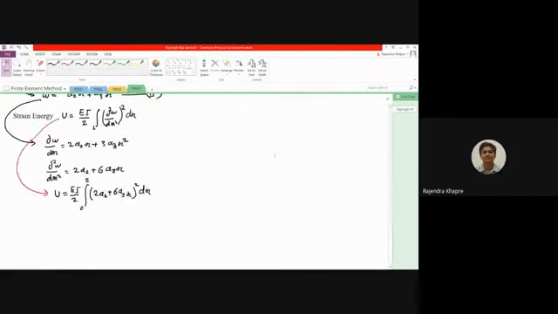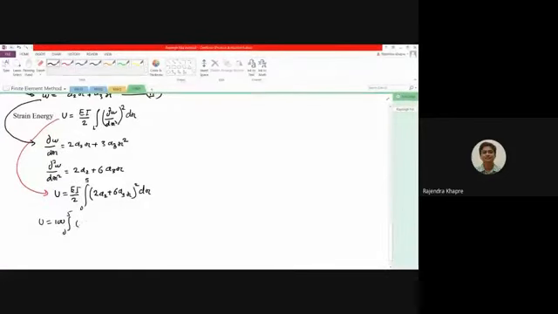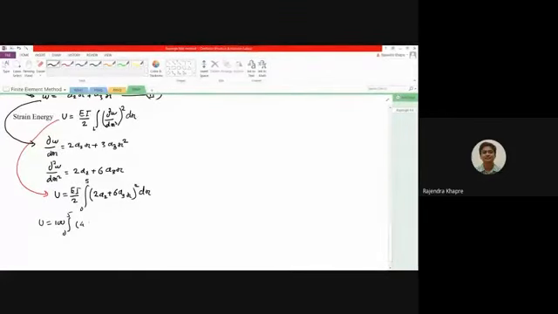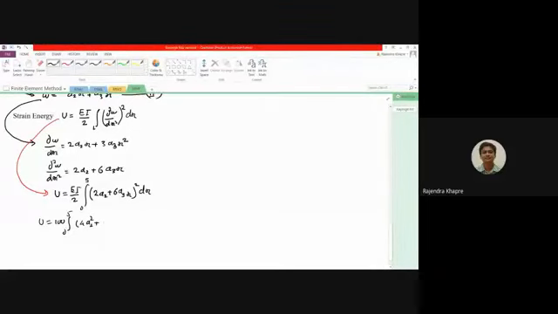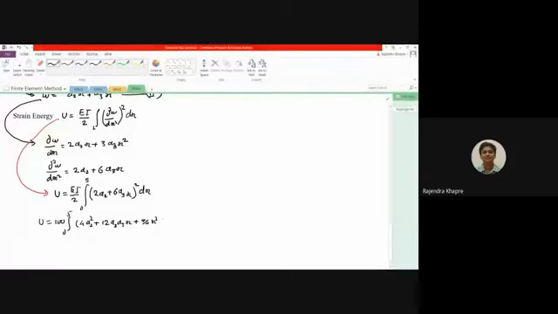So let me go back over here. Your U value will be 100, integrated from 0 to 5 of 2 into 2, that is 4 times a2 square, plus 6 into 2, that is 12 times a2 a3 into x, plus 36 into x square, dx.